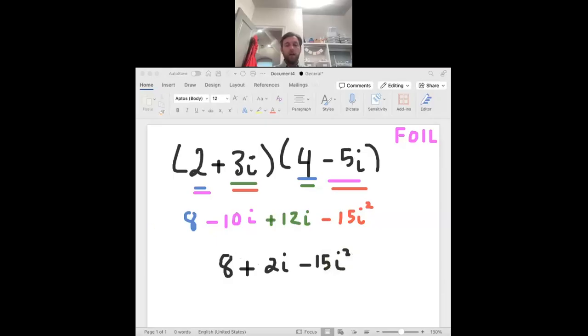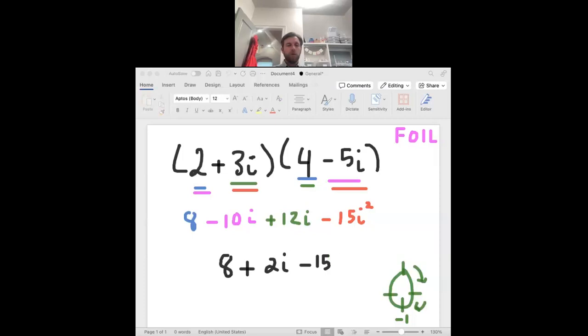But we don't like exponents over the i's, so you've got to simplify that. What does i squared become? Well, you've got to go to your clock. What's the second step? In the second step, 1 step, 2 step, it's this one right here. It's the negative 1. So we're going to replace i squared with the value of negative 1.